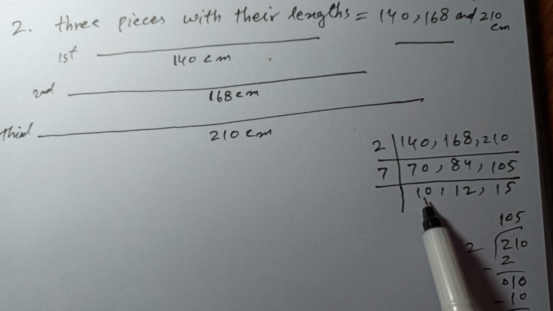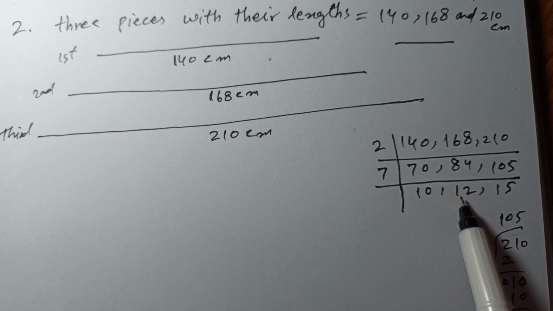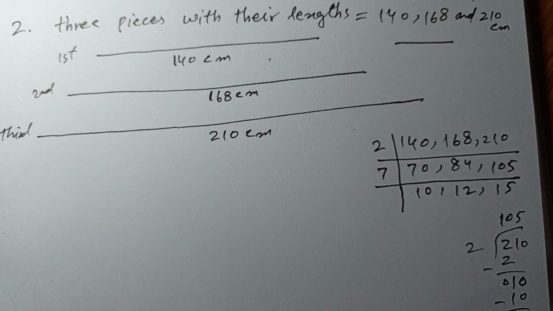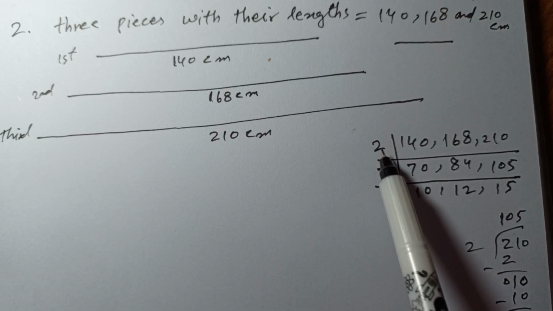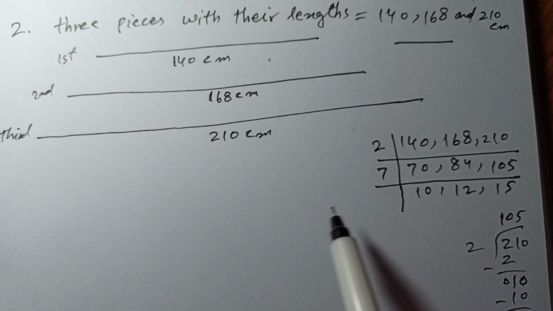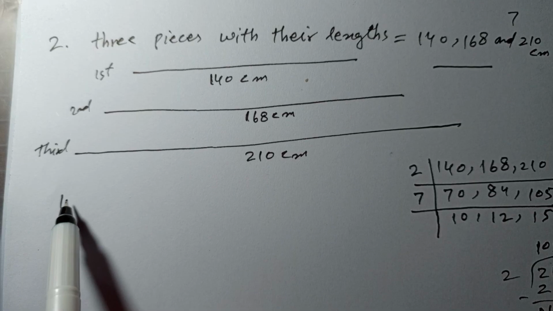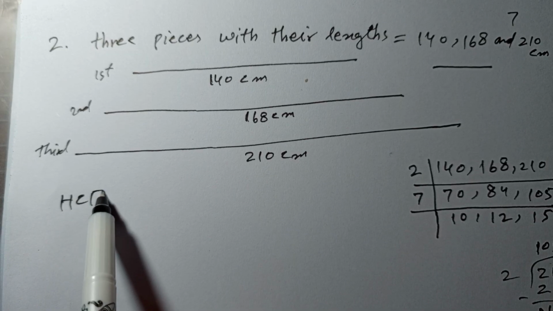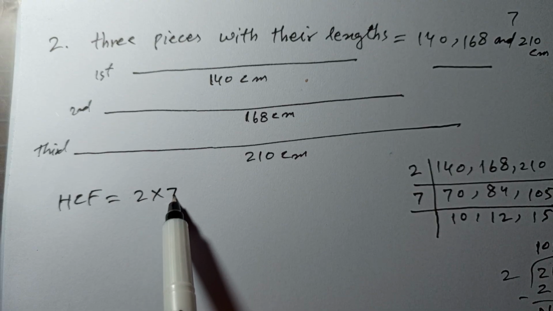And 5: 10 can be divided by 5 and 15 can be divided by 5, but 12 is not divided by 5. So there is no number that can divide these, so we will stop here. It is our HCF. HCF is 2 multiplied by 7, so you will write here HCF is equal to highest common factor, that is 2 multiplied by 7.